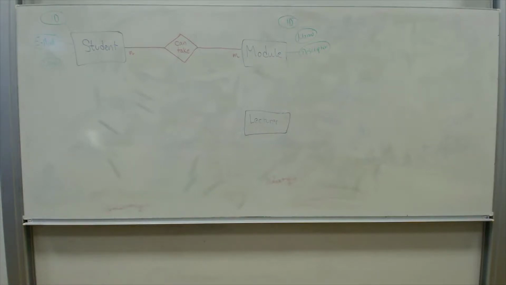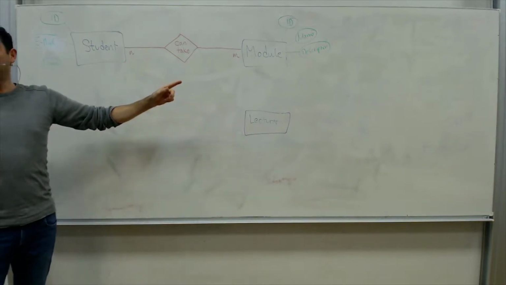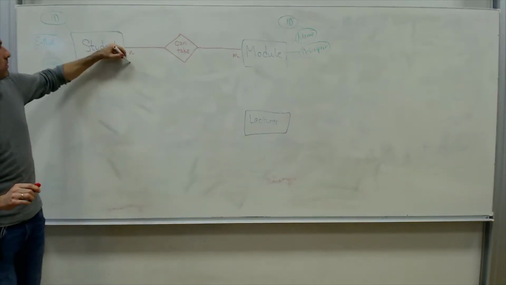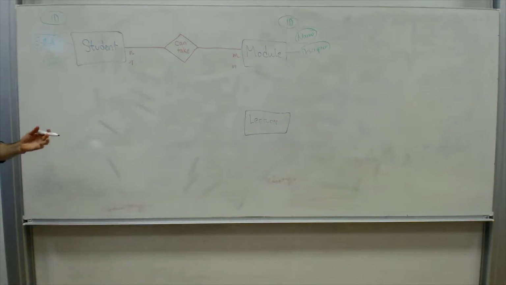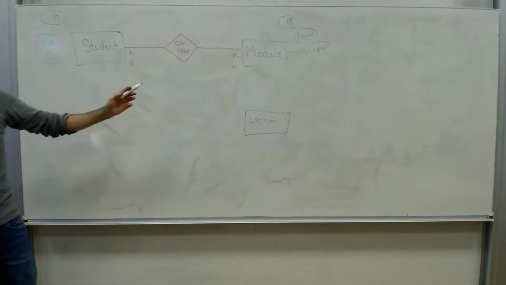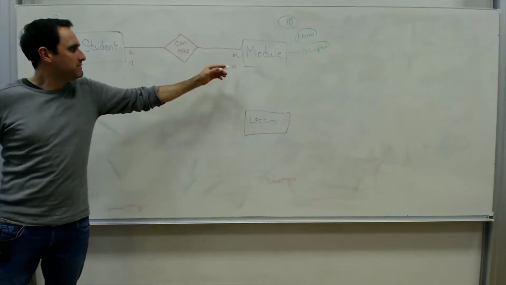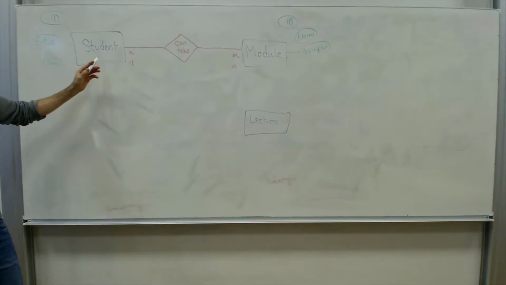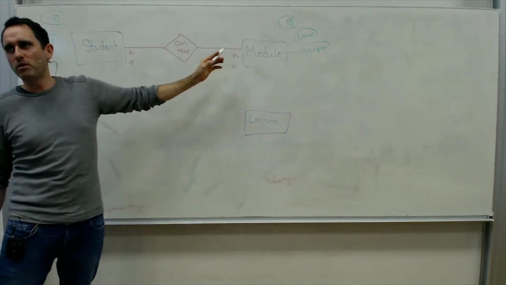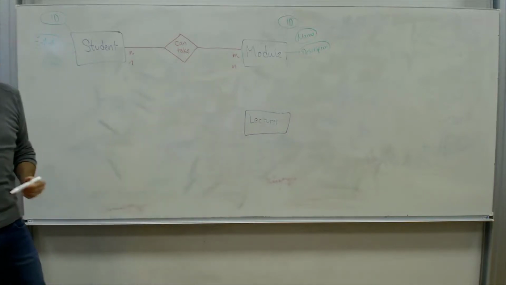What if we changed it to 1 to N, just hypothetically? What would that mean? Yeah, so any module could only have one student. One student could still have more than one module, but it would only be one student per module.